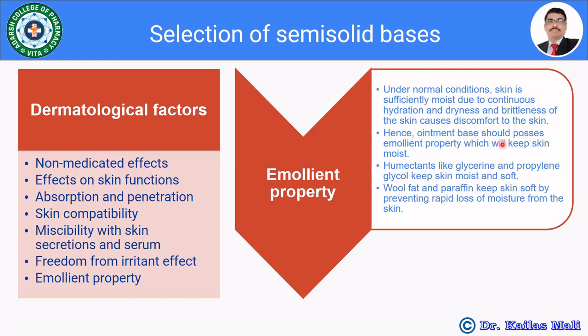The ointment base should possess an emollient property which will keep the skin moist. Generally we use humectants, which retain moisture, like glycerin and propylene glycol, which keep skin moist and soft. Then wool fat and paraffin keep skin soft by preventing rapid loss of moisture from the skin. So this is about the emollient property.